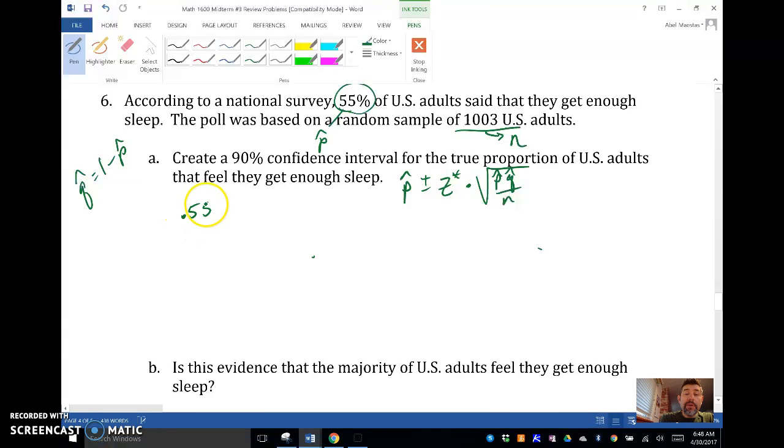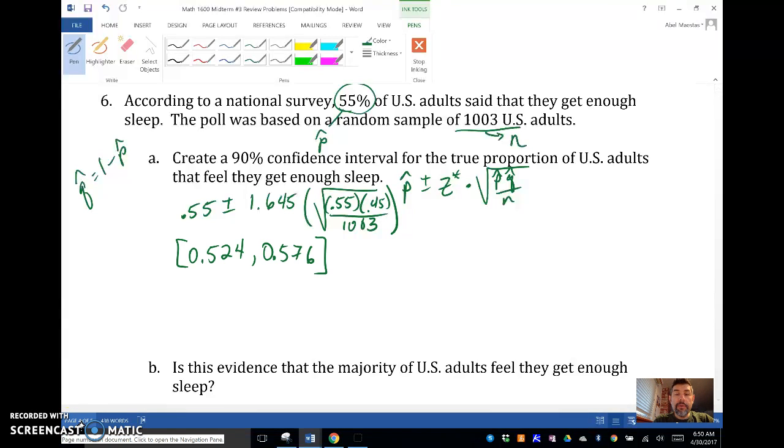We got 0.55 plus or minus z star for 90% confidence, which is 1.645, and then the square root of 0.55 times 0.45 over 1003. Then we plug that into our calculator and get our confidence interval, and we get 0.524 and 0.576. Remember, with these proportions, these percentages, make sure you have 3 decimal places.